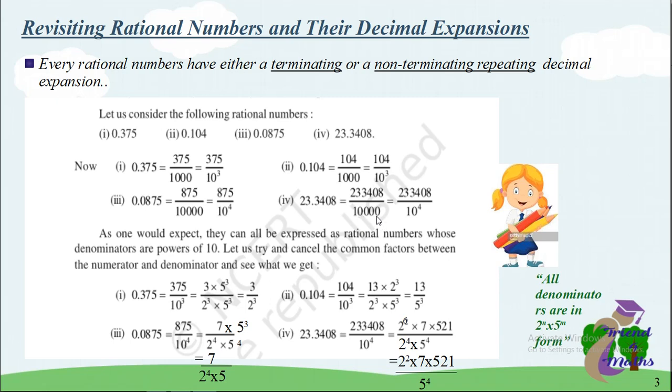Here also we take 10,000 with 4 zeros, because there are 4 digits after the point, and we have 2,33,408 divided by 10 raised to 4. And now we have changed all these terminating decimal numbers into their rational number form.